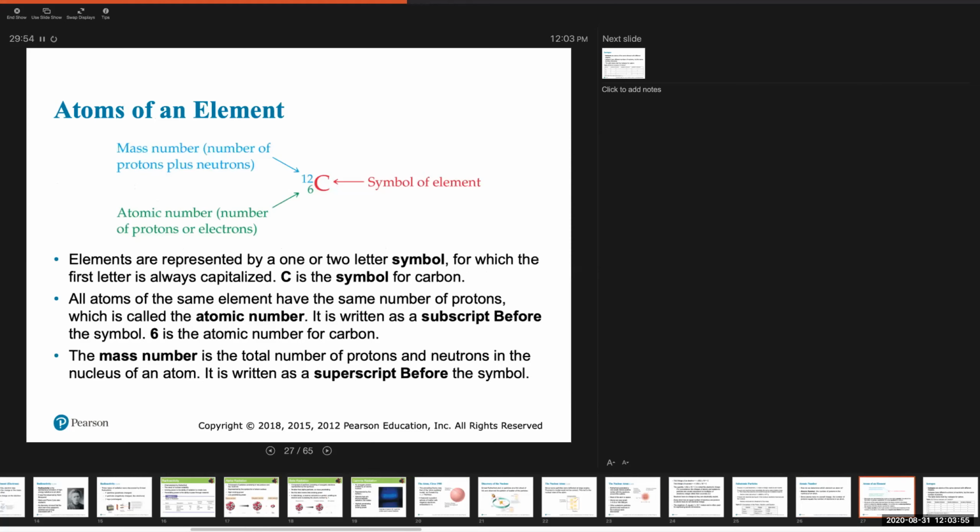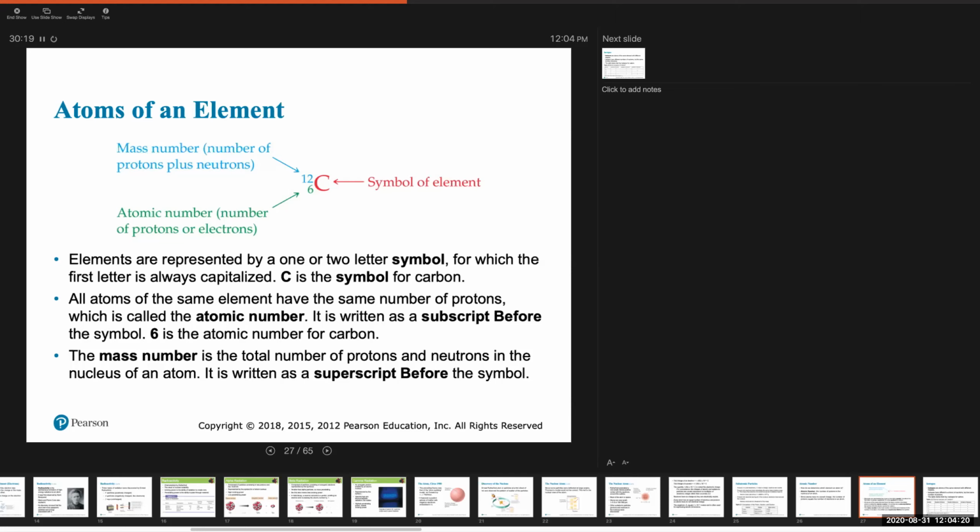That's the mass number. Remember, we said the mass of an atom is the number of protons plus the neutrons. That's where all the weight comes from. Electrons, we're saying, really don't contribute much. And then the atomic number is the subscript here, in this case 6, and that tells us how many protons are there. And by balancing charge, it also tells us the number of electrons.